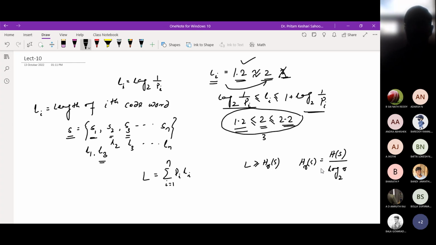If we take binary coding, the R value is equal to 2, and in that case log base 2 of 2 is 1. So we can write H_R of S is equal to H of S.